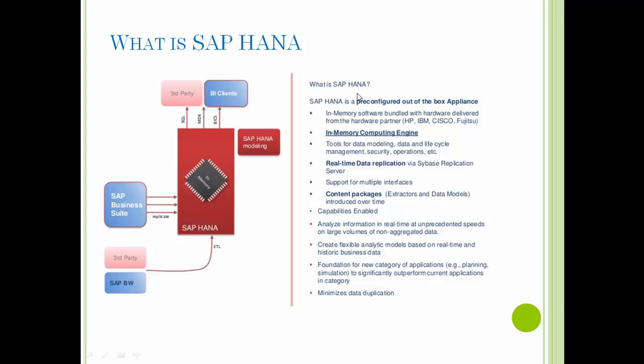So basically, in simple words, SAP HANA is a pre-configured, out-of-the-box appliance. It is offered to the market as an appliance. It is consumed as an appliance. So in-memory software bundled with hardware delivered from the hardware partners shown here can offer real-time business value.